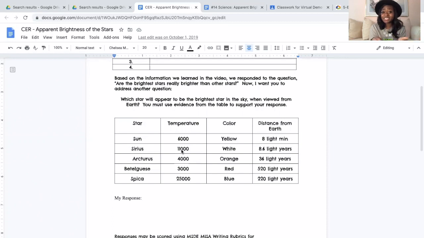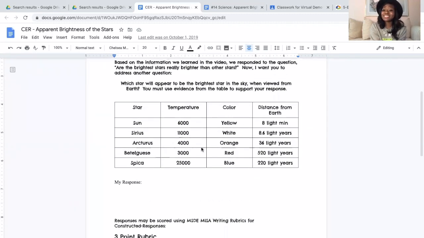And I've loved it, used it, added some things here and there over the years because the content has been so great. And one thing I love is this data chart and how the students have an opportunity to dive into it. This data chart is amazing because it also helps expose students' misconceptions that they may have about stars.